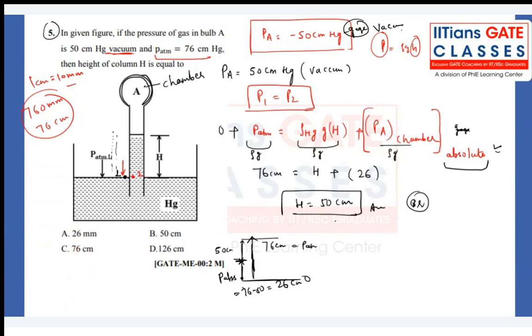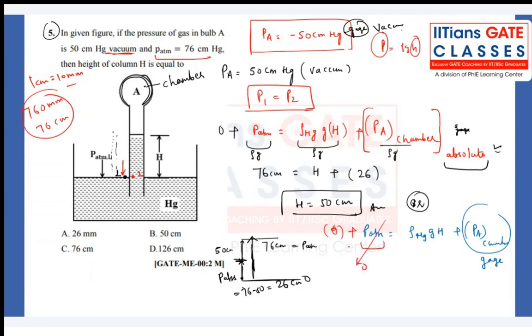How? Let's see. PATM will be rho mercury g into h plus P in a particular chamber. This is a chamber. Let's say the chamber value you want to measure is the gauge pressure. Now, if I want to measure the gauge pressure, should I add atmospheric pressure? No. Suppose we have something in a bracket term plus PATM. I should not add the PATM.